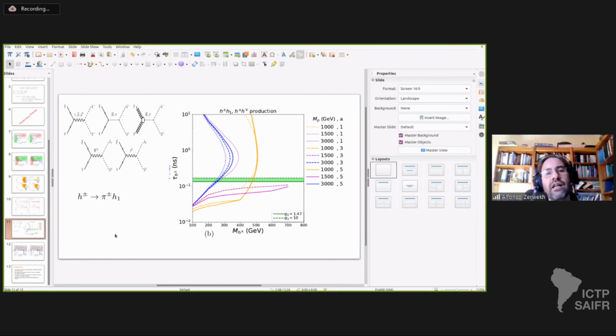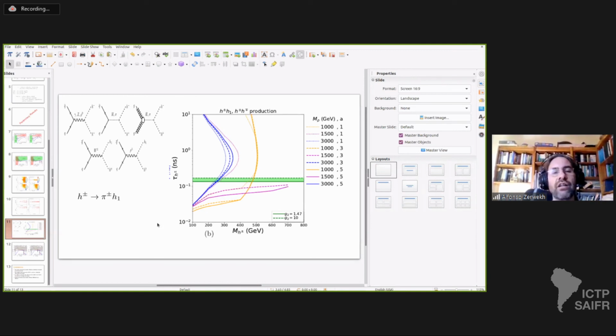And I'm going to show you now that this kind of dark matter is very difficult to discover in a collider, for instance at the LHC, and even in a 100 TeV collider it would be very difficult to detect or to discover this model. Well, the easiest way to discover this model is producing the charged partners of the dark matter candidate.